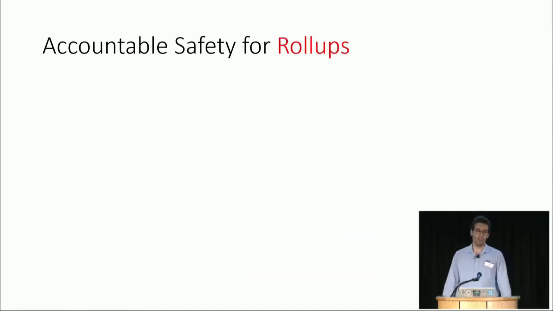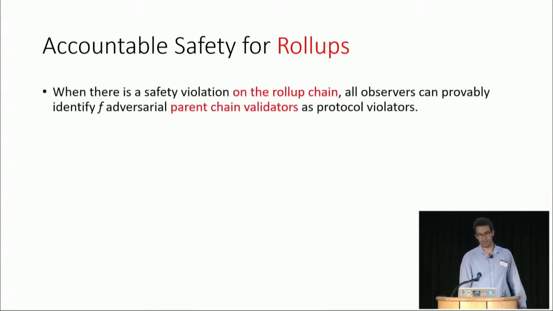Okay, so how do we apply this idea to rollups? Now, this is kind of like a homework assignment. I will highlight the differences from the previous definition to this definition in red, so it will become much clearer. The first one is, we are now focused on the rollup chain, so I will concern myself with the rollup chain.